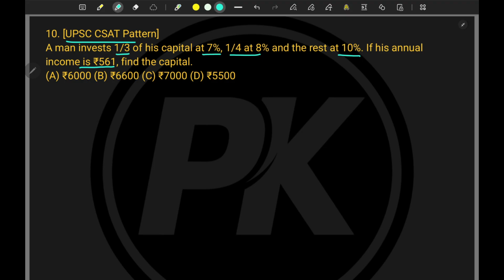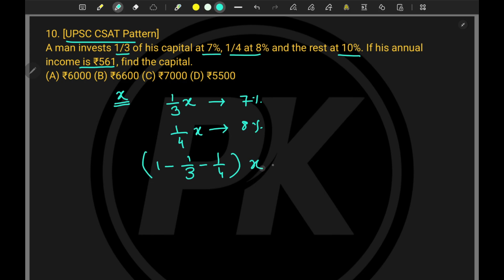There might be different ways, but the method which comes into my mind right away is, let's consider the capital of that man is X. Now, one third of the capital is invested at 7%, one fourth of the capital at 8%, and the rest of the capital, that means (1 minus 1/3 minus 1/4) into X. Now you understood why I took this?